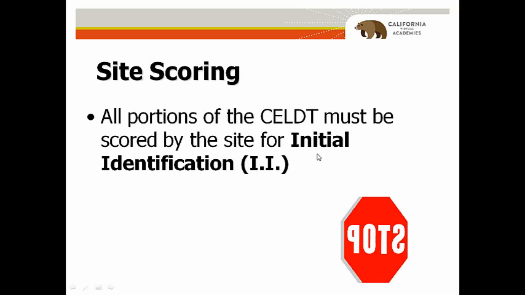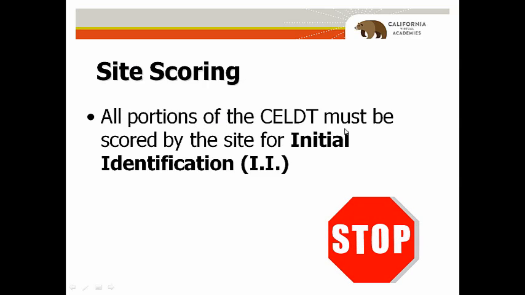Okay, so we're almost at the end here. Just want to go over site scoring. All portions of the CELDT must be scored on site for initial identification. So if you have an initial identification student, again, most of these are going to be kindergartners because they're the brand new ones coming in. Everyone else should have been identified somewhere else in some other district if they're coming.